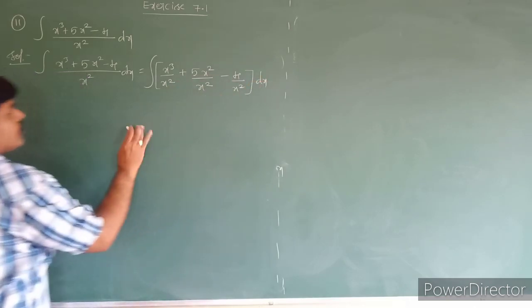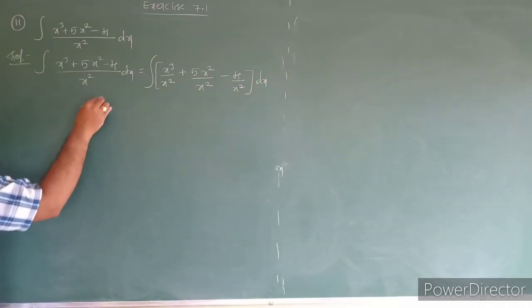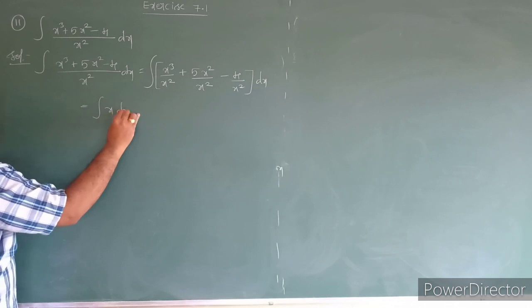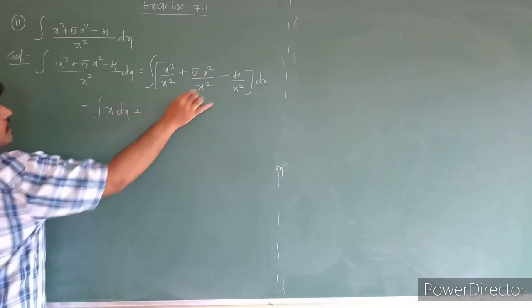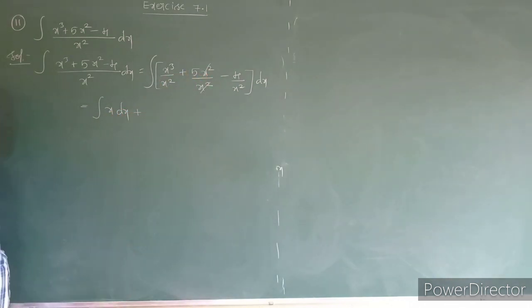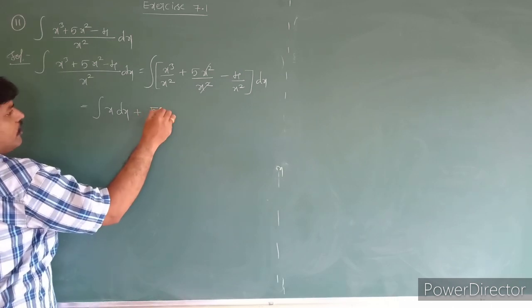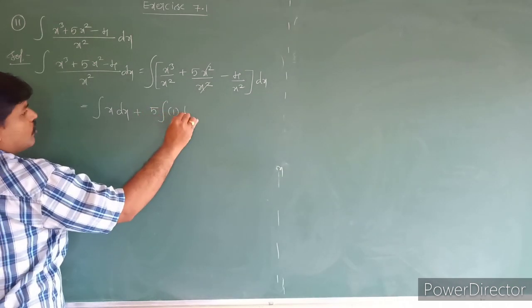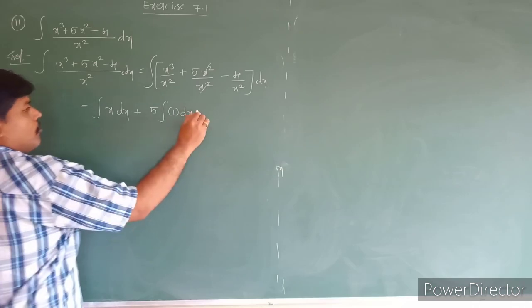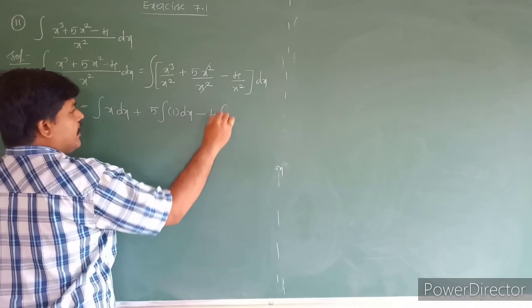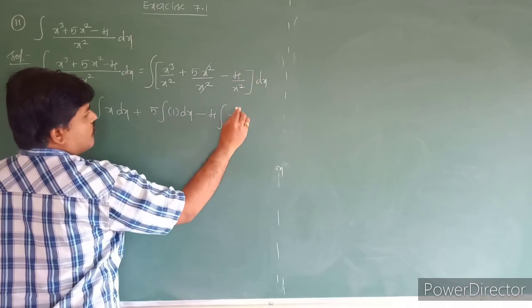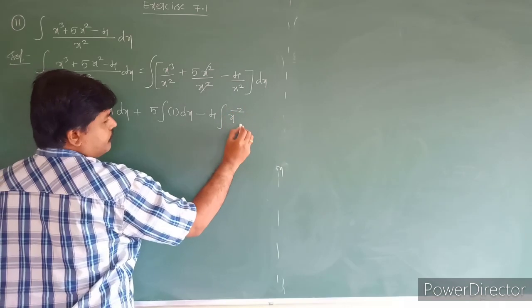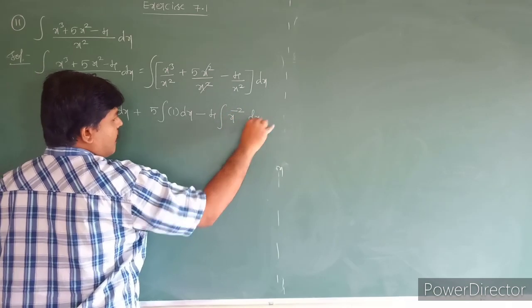First separate the terms, then integral of x into dx plus, here x square will be cancelled, 5 into integral of 1 into dx, minus 4 into integral of 1 by x square, you can write as x power minus 2 into dx.